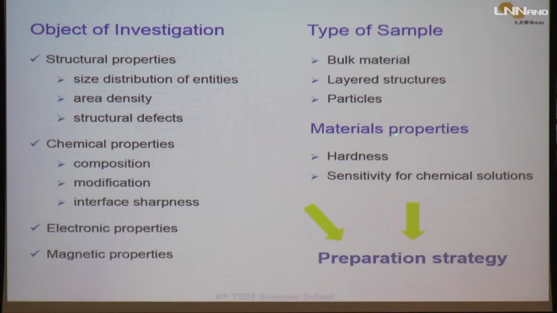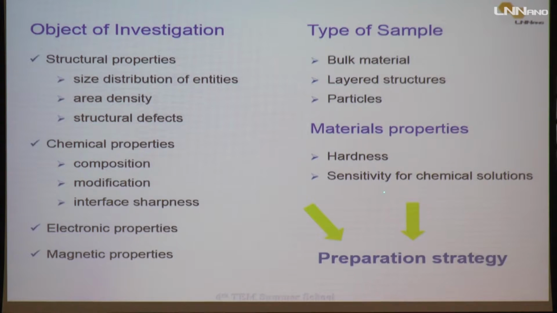And we also need to deal with material properties, thinking about the sample preparation. The hardness of the material, because you may try to cut material, to crush material, and then you need to think if it is ductile or brittle, and all these material properties will put some limitations on the types of sample preparation strategies that you can use, okay?